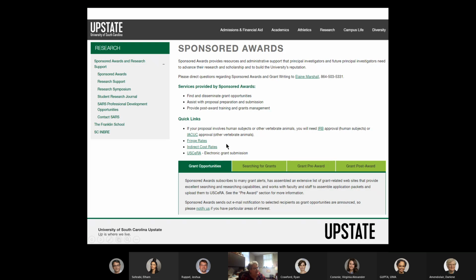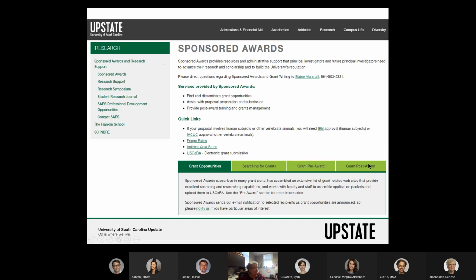So again, that's why I have that linked. Those change too, but it tends to be every 4 years or so rather than every 6 months, like the fringe benefit rates. And then I have a link to USERA, which I've already mentioned. That's how we manage all of our proposals. So that's the main stuff that I have linked right there on the Sponsored Awards page.